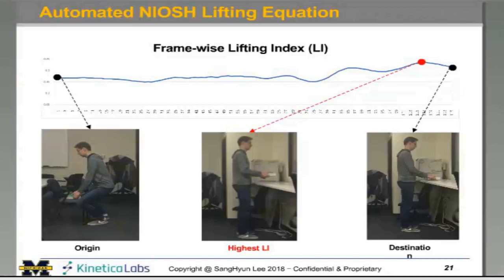So we are actually capturing how much people are trying to lift higher to place something at the destination. This is a matter of choice, what kind of things you would like to do, but this certainly needs discussion about how we can best make use of technology for the NIOSH lifting equation.